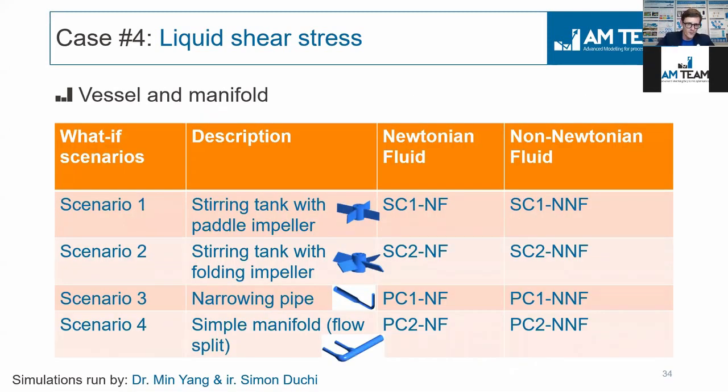We have just 4 scenarios to show here to you. These are the 4 scenarios I was talking about. The vessel, where we test 2 different impellers. We have this bended narrowing pipe, and then we have this manifold. The only thing I have to add here is that we have run the simulation for both a Newtonian fluid, for example, water or ethanol, so something that keeps the same viscosity all the time.